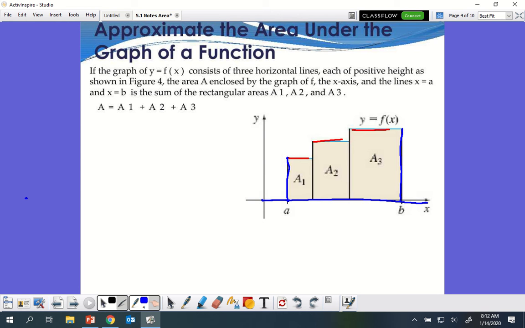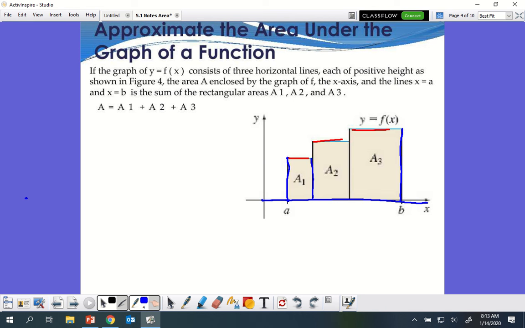Does that make sense? And so in this case right here, to find the total area, what would I do? Let's go piece by piece. A1, what would I do? Length times width, right?